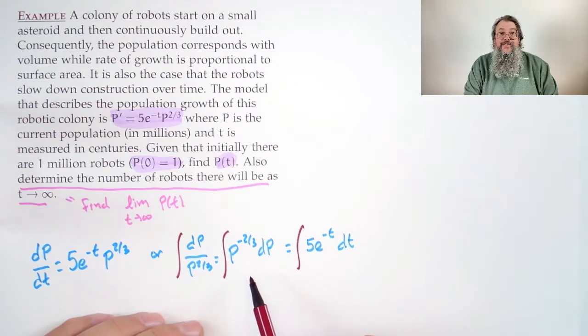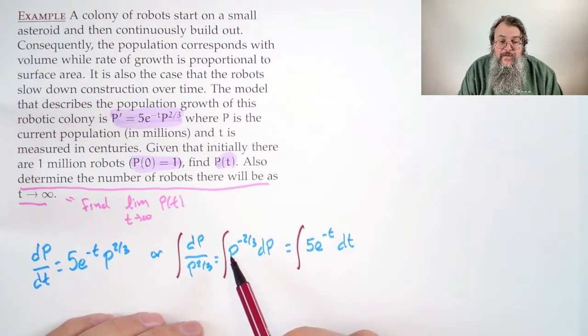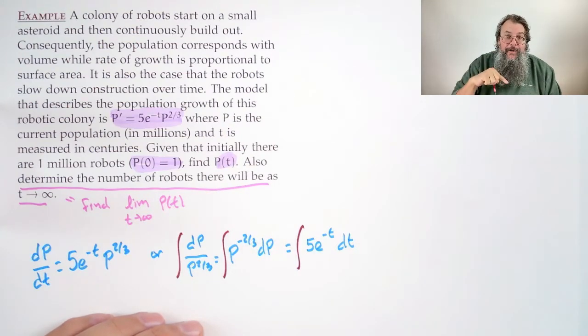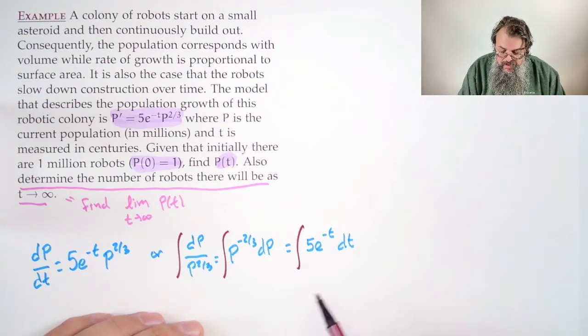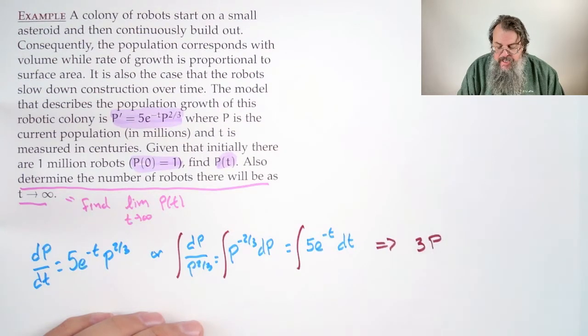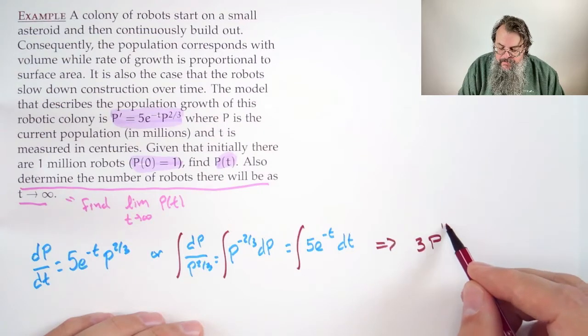So P to the minus 2/3. To integrate this, we add 1 to minus 2/3, which gives us 1/3. And then we have to divide by 1/3, which is the same as multiplying by 3. So this will get us 3 times P to the 1/3. Don't forget that 1/3.